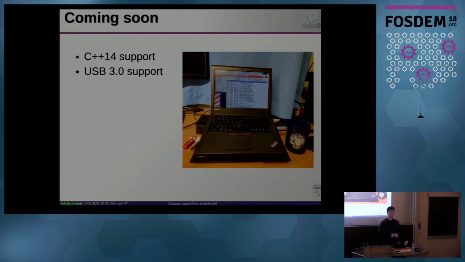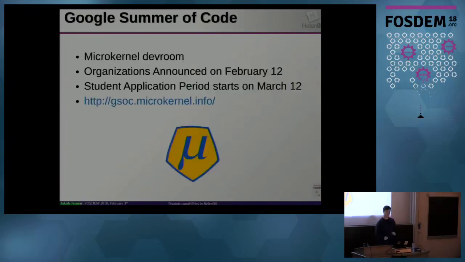What you can see on the picture is a laptop of one of the USB 3.0 team members, which is of course running HelenOS and has a flash disk attached via the XHCI controller and some data is transferred from there. So that was for the update and for what's coming next.